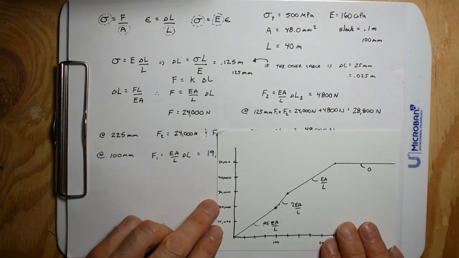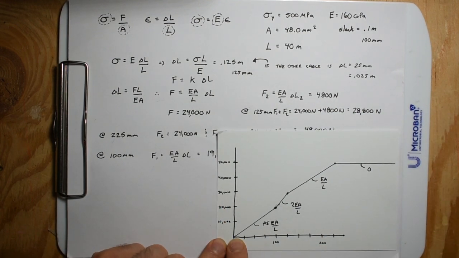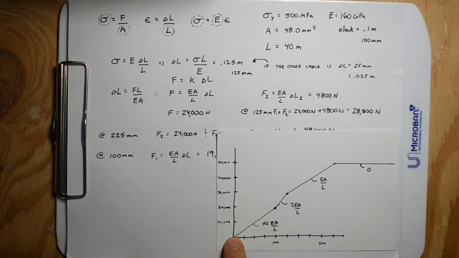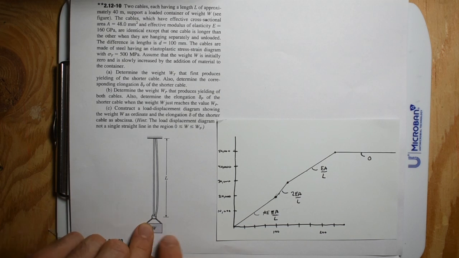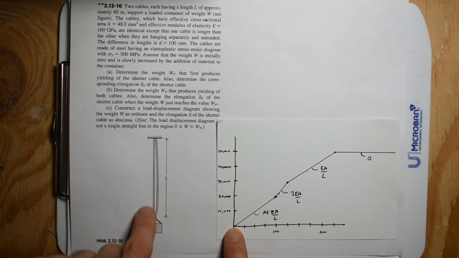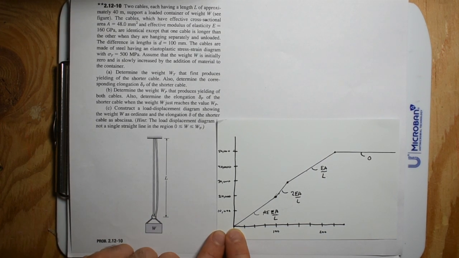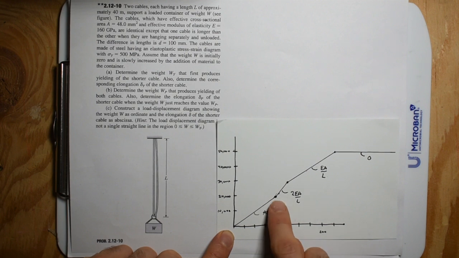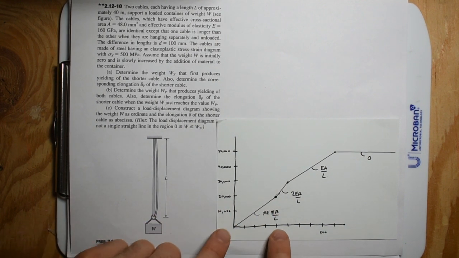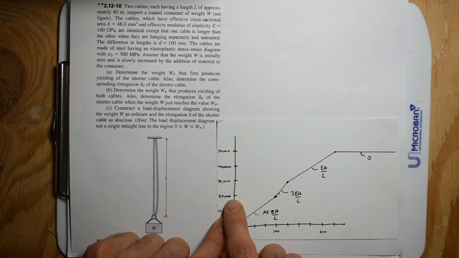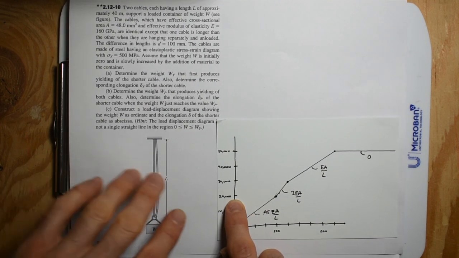And then they said draw a graph. So at 0 weight in that bucket, kind of go back to what they're saying. With 0 weight in the bucket, we have 0 change in length. But then when we go up to that first 100 millimeters of change in length, now there's no more slack in this rope, and this will have a force of 19,000 or whatever that was.